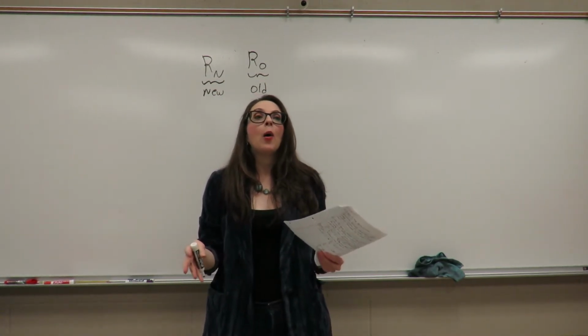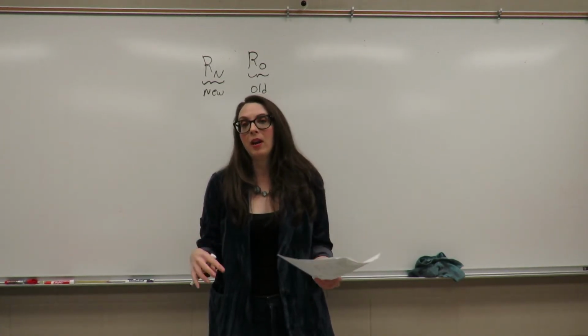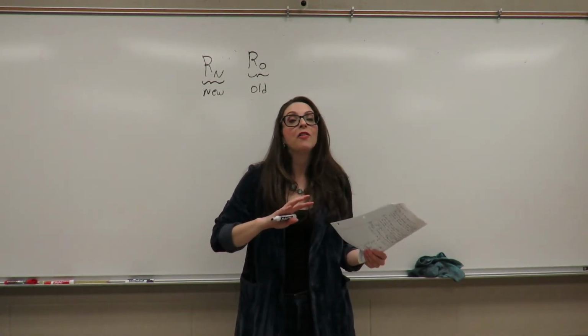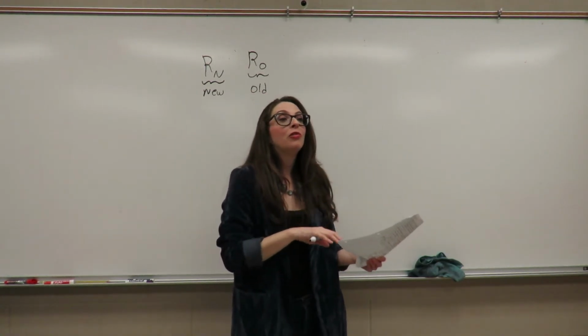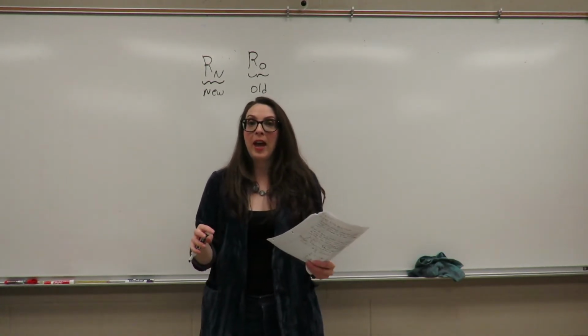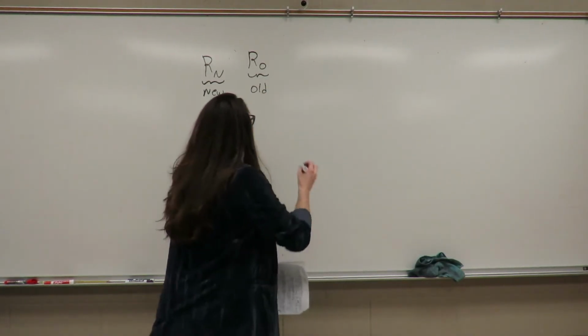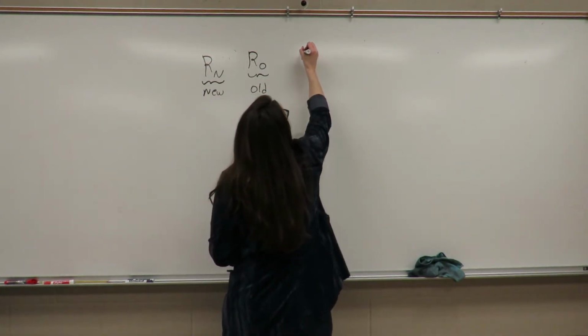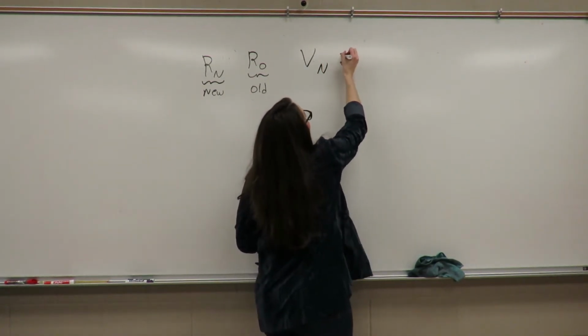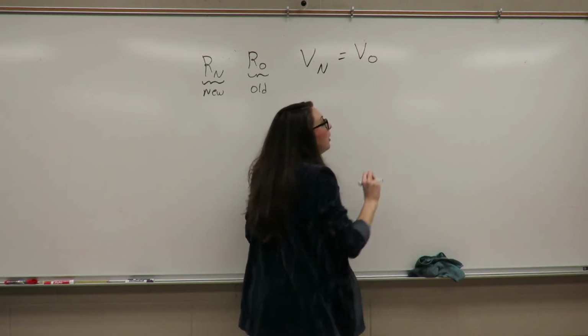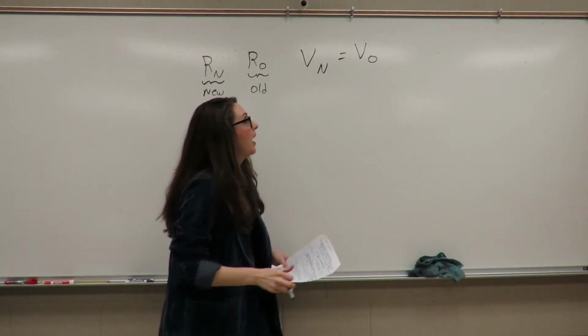The way to think about this problem is that we have the same volume of our wire both before and after it's been recast or changed its shape. So the volume of our new wire has to be the same as the volume of our old wire.